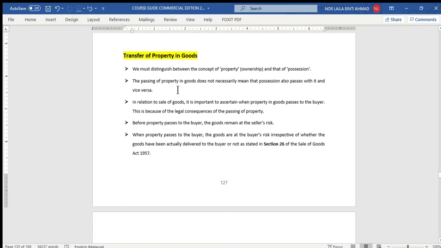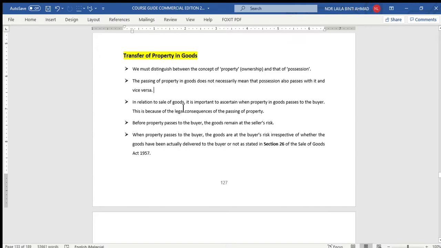The passing of property in goods does not necessarily mean that possession also pass with it, and vice versa, meaning to say that even the ownership already passed to the buyer, but the possession may remain with the seller.